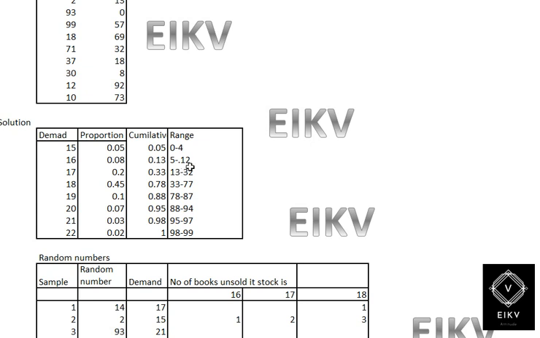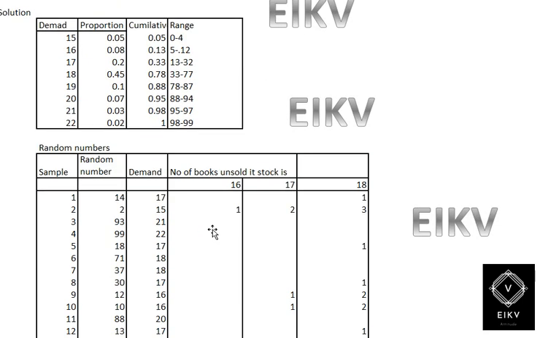Here 13 minus 1 is 12, and then the next is 13 to 32. Here we know 33 is the highest, therefore 33 minus 1 will give you 32. The same way 33 to 77, 78 to 87, 88 to 94, 95 to 97, and 98 to 99.